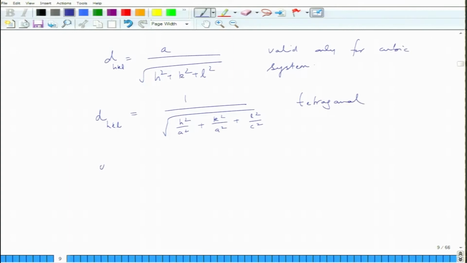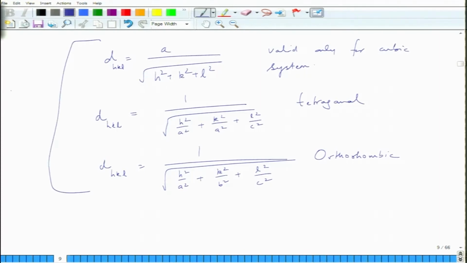If you look at orthorhombic, the formula looks fairly similar, because these three are orthogonal systems.